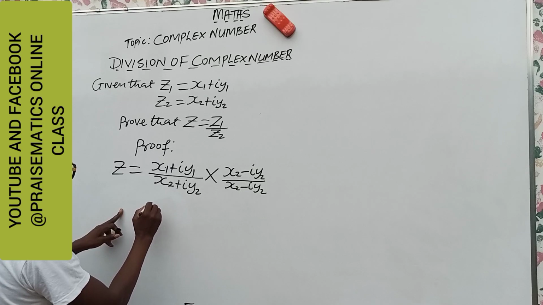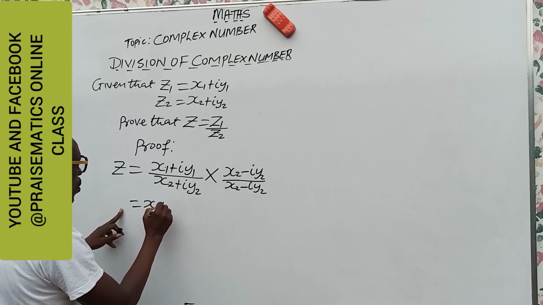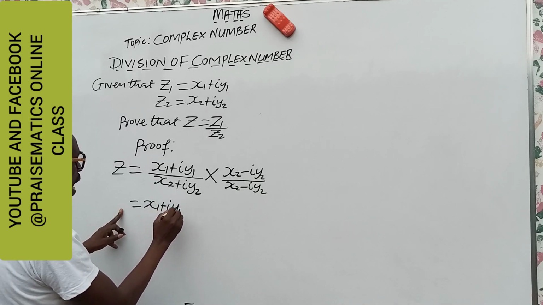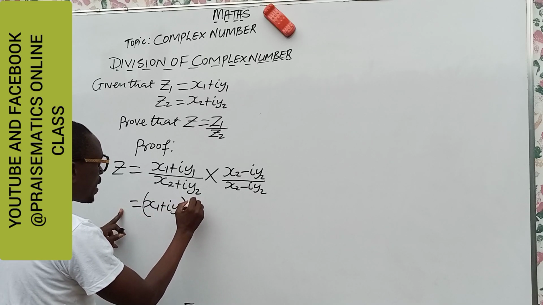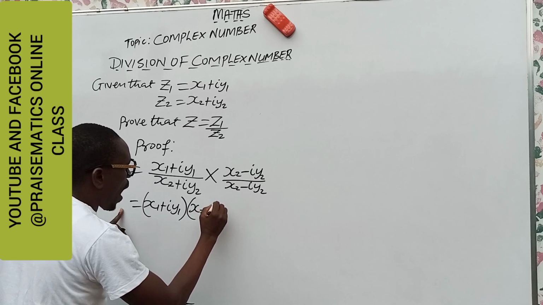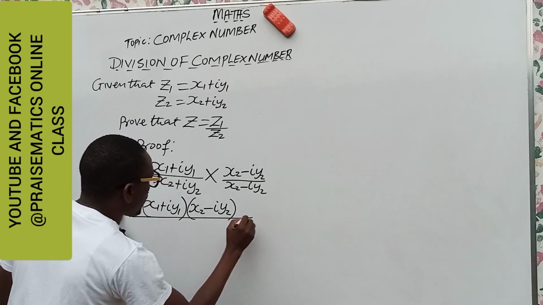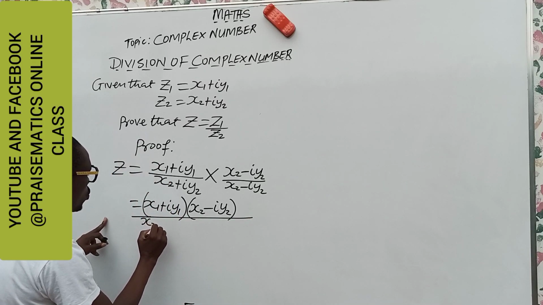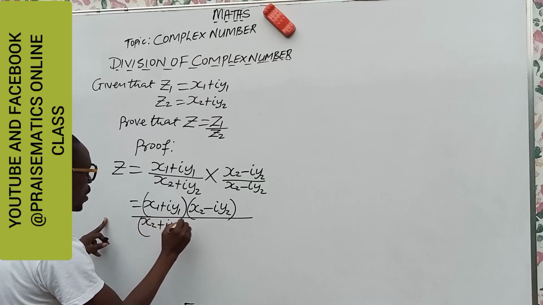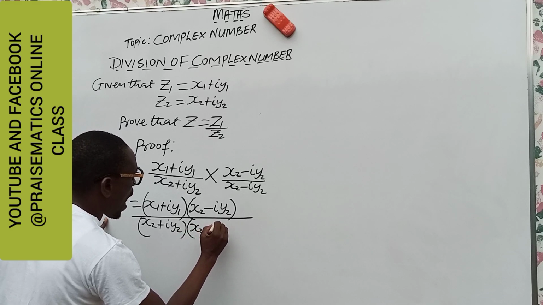Now what do we do? We multiply the numerator by the numerator: x1 plus iy1 multiplied by x2 minus iy2, all over the denominator: x2 plus iy2 multiplied by x2 minus iy2.